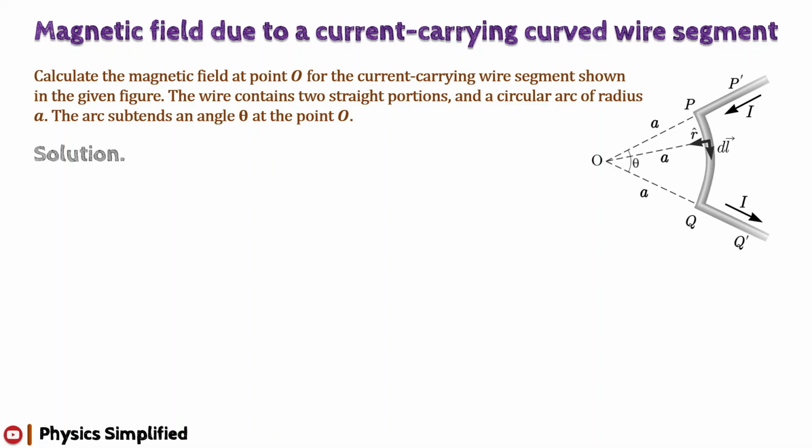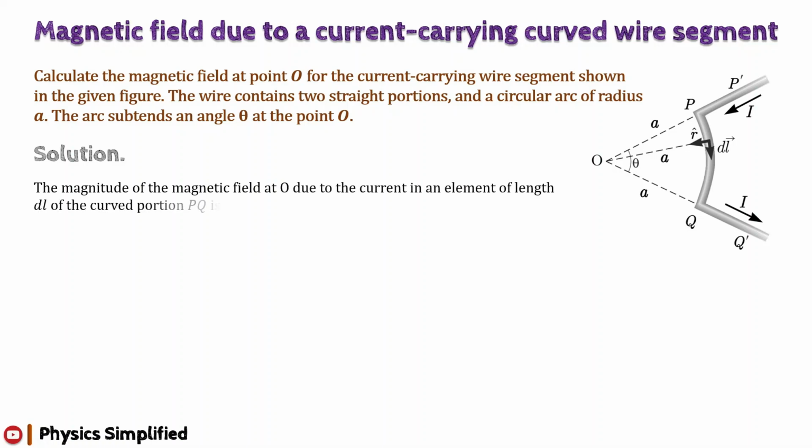Let us now find the magnitude of the field at point O due to the current I in any one element of length dl of the curved portion PQ. This is given by dB is equal to mu0 by 4 pi times I dl divided by A squared.